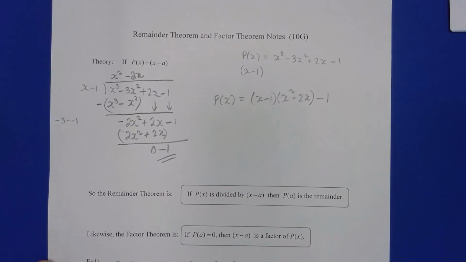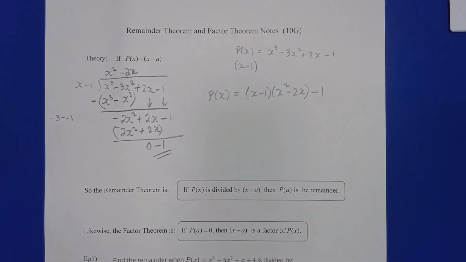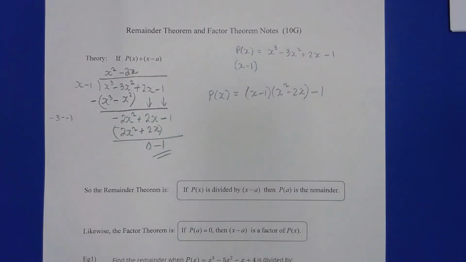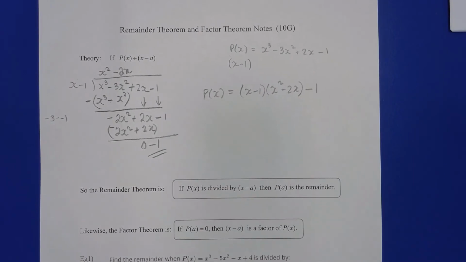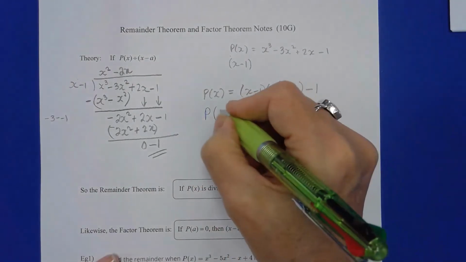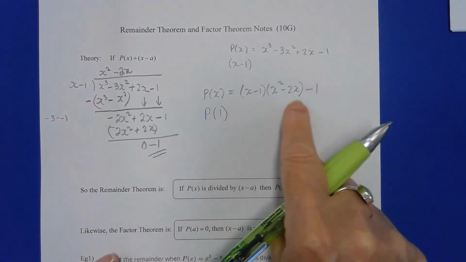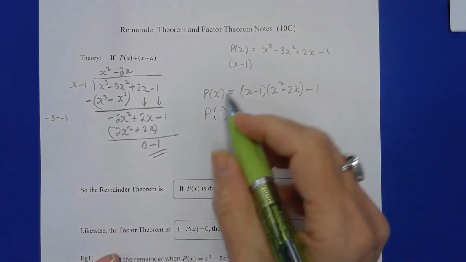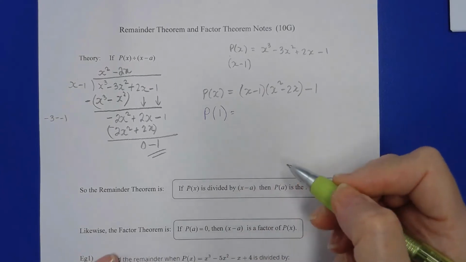All right, so here's the theory of this whole thing. Now I'm going to use some function notation here, and I'll write in a color so we can see it. What's P of 1? If I put 1 in everywhere here for x, what do you get? P of 1 means I replace the x with 1.